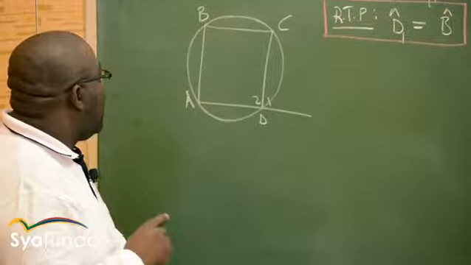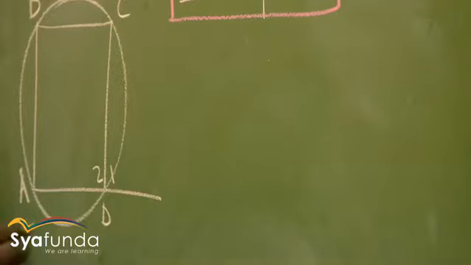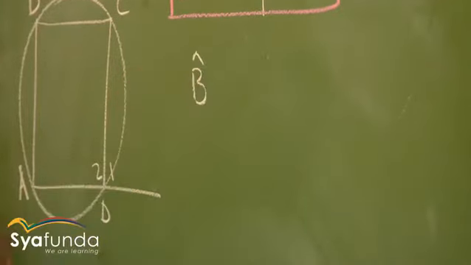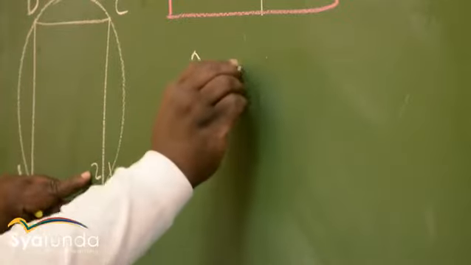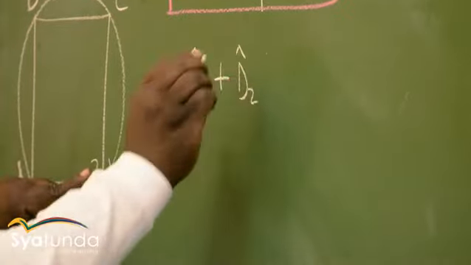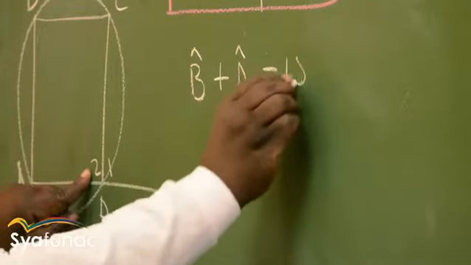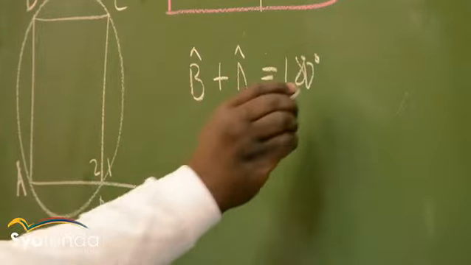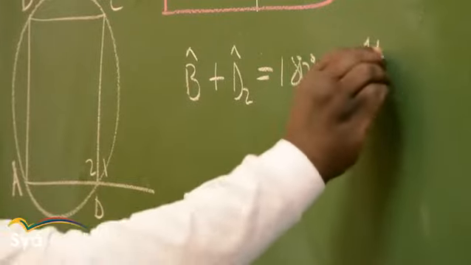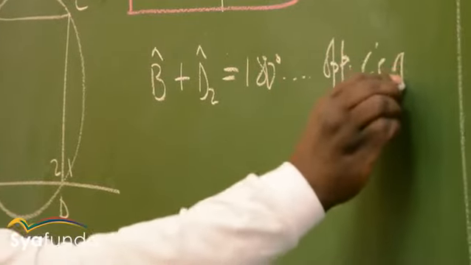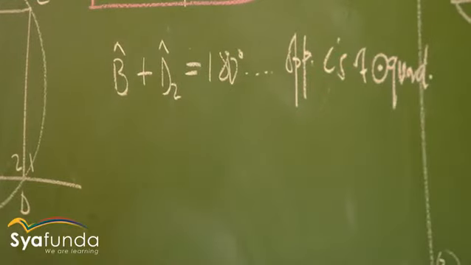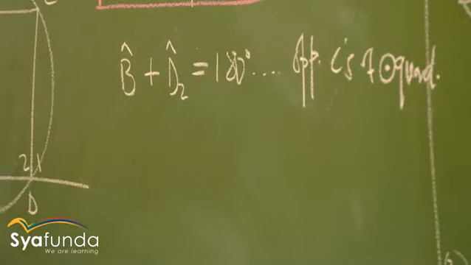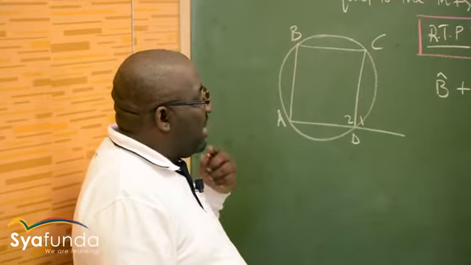So we are saying here, this angle B plus this angle, which is D2, is equal to 180 degrees. Why is that so? They are opposite angles of a cyclic quad. So what do we know here?